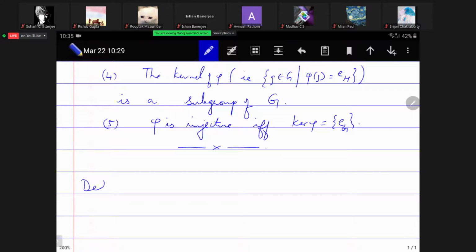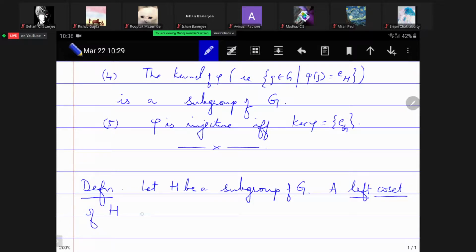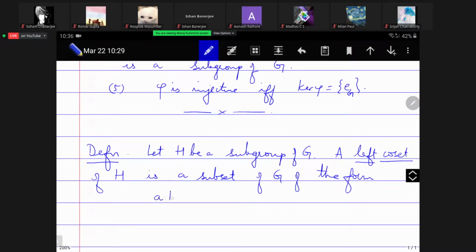Definition. Let H be a subgroup of G. A left coset of H is a subset of G of the form aH.